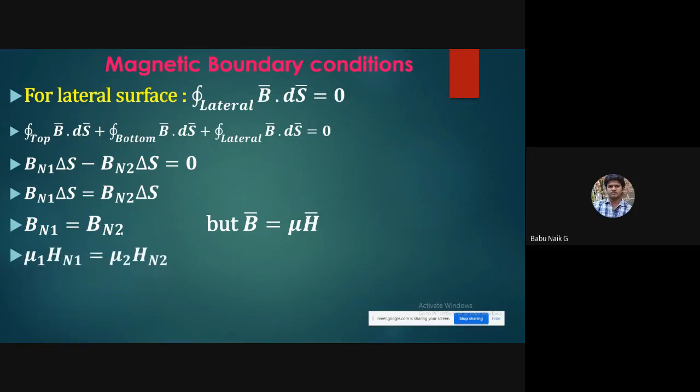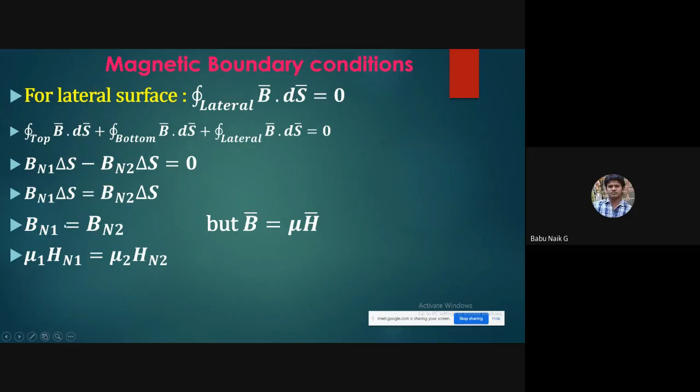Now you can relate this to the magnetic field intensity normal at the boundary. We know the relationship between field intensity and flux density is mu of the medium. So in medium 1, mu 1 Hn1, and in medium 2, mu 2 Hn2.